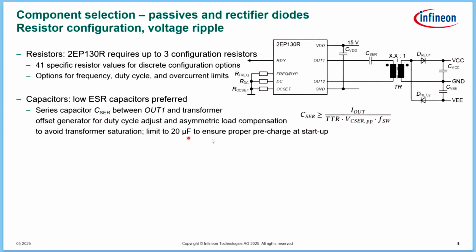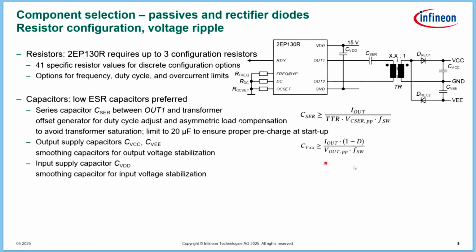For improved startup behavior, our recommendation is, of course, to limit this value, even though the calculation might have a bigger value mentioned here. The only impact what it will happen is that then at a point you will have a higher peak-to-peak voltage ripple at the capacitor here.